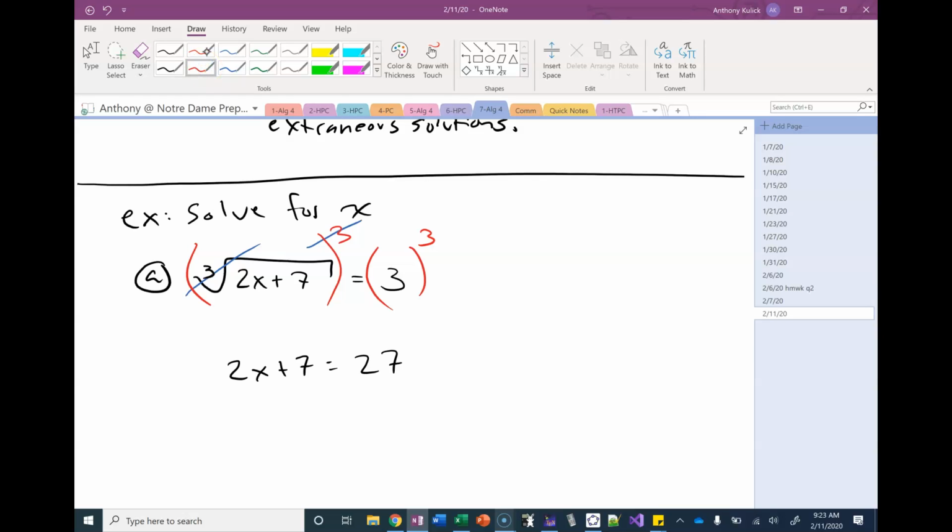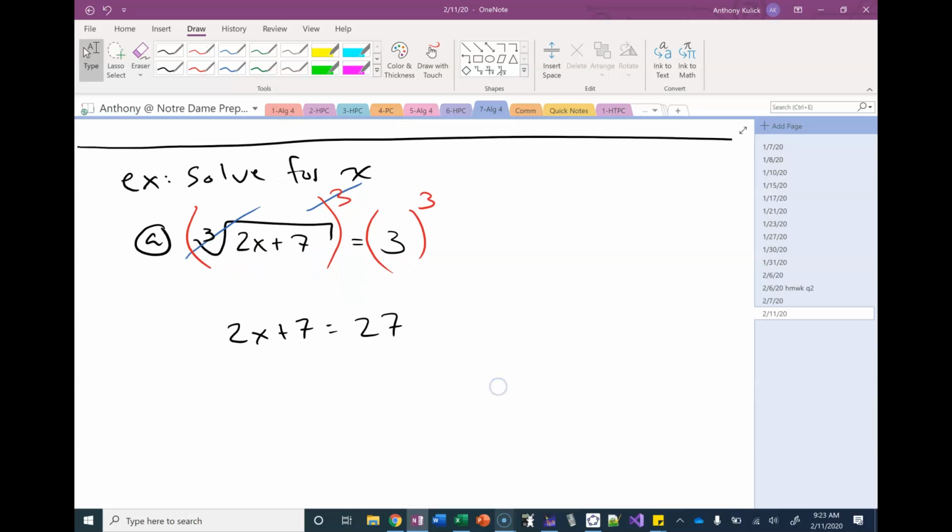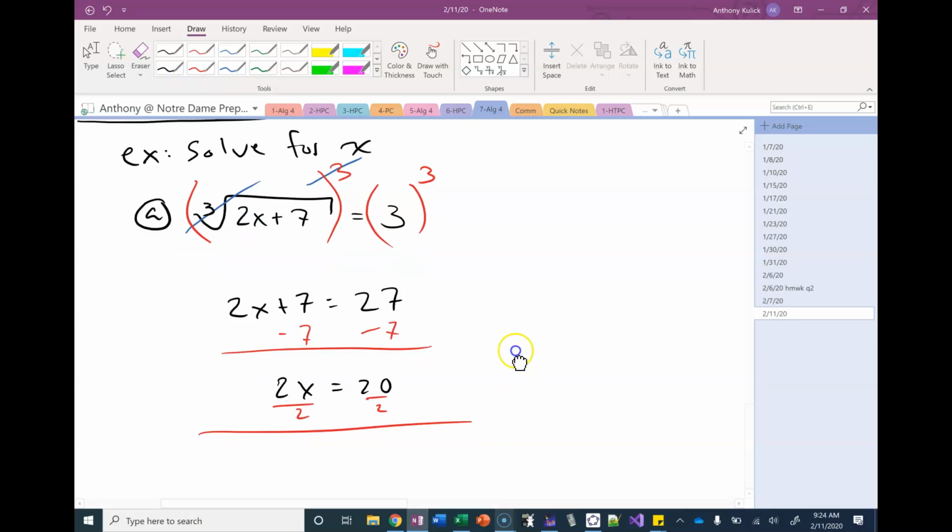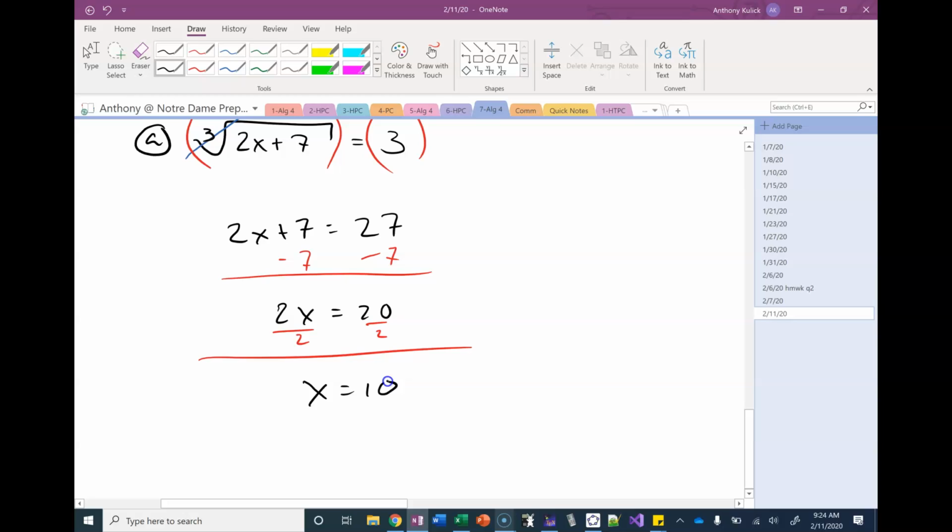Now that the radical is gone, this is a pretty easy problem, right? What would I do next? Subtract 7. And then we would divide by 2. Do I need to check this solution?